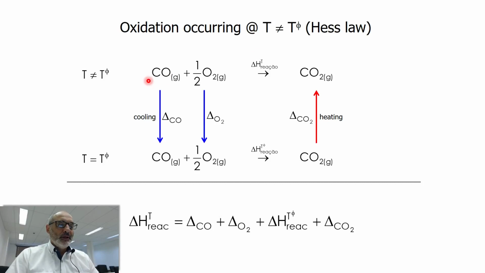Well, we already did the process in this sense here. We want to calculate at a temperature different from the ambient temperature, T5, which is 25 degrees by convention. So instead of calculating in this given sense, we're going to consider the following. Instead of reacting at, I don't know, 1000 degrees here, we're going to cool all reagents down to 25 degrees.